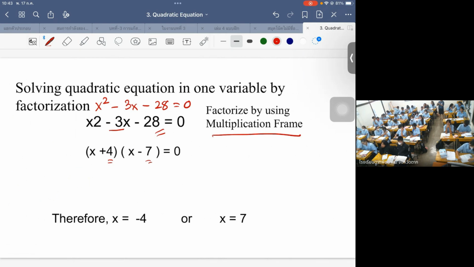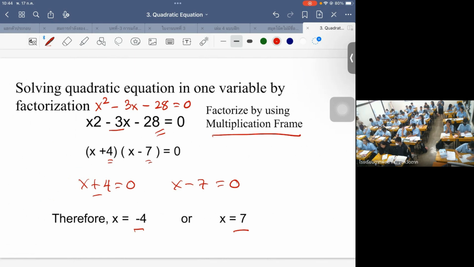Negative 7 and positive 4, okay? Now, again, process again the transpose, and then we get the quadratic equation of each. So, we have x plus 4 is equal to 0, and x minus 7 is equal to 0. That's why the answer is positive 7, and this one is negative 4.